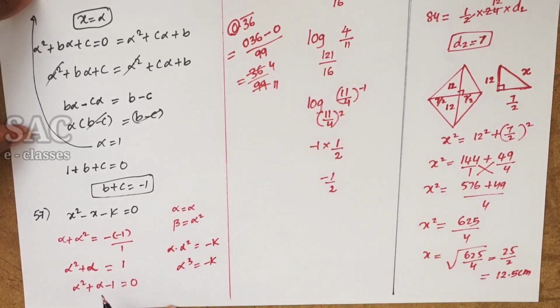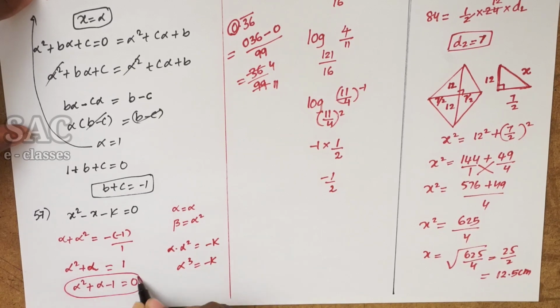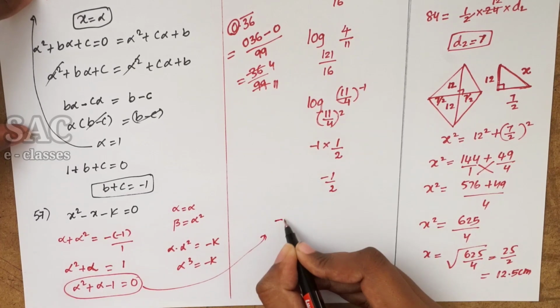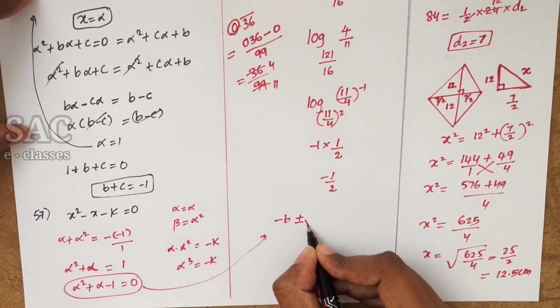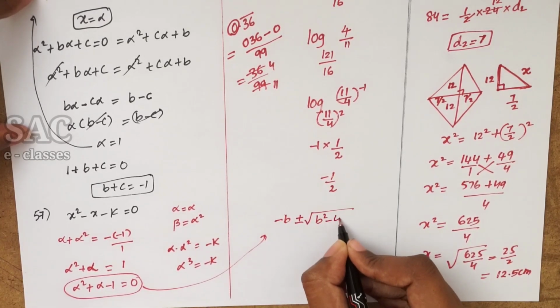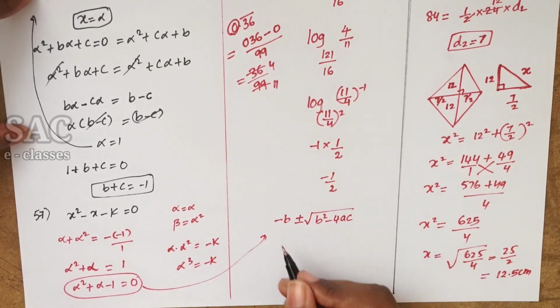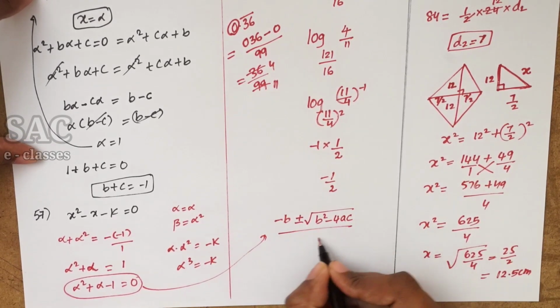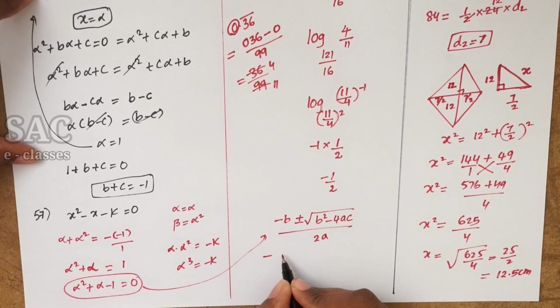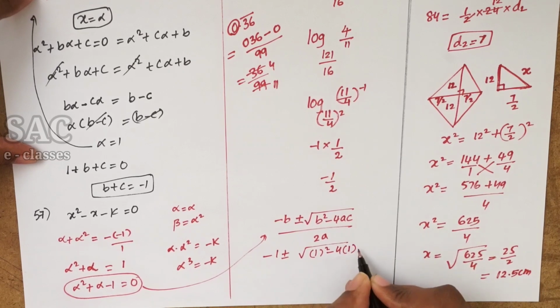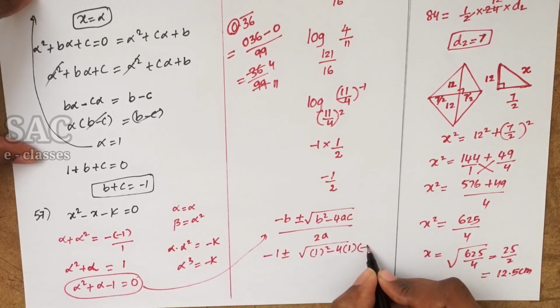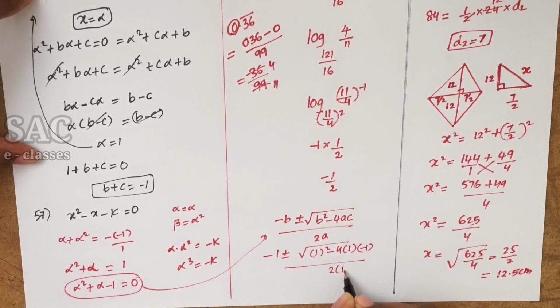Now we are going to find out what the alpha value will be with the help of the quadratic formula method. Minus b plus or minus root of b square minus 4ac by 2a. Minus 1 plus or minus root of 1 square minus 4 into 1 into minus 1 by 2 into 1.